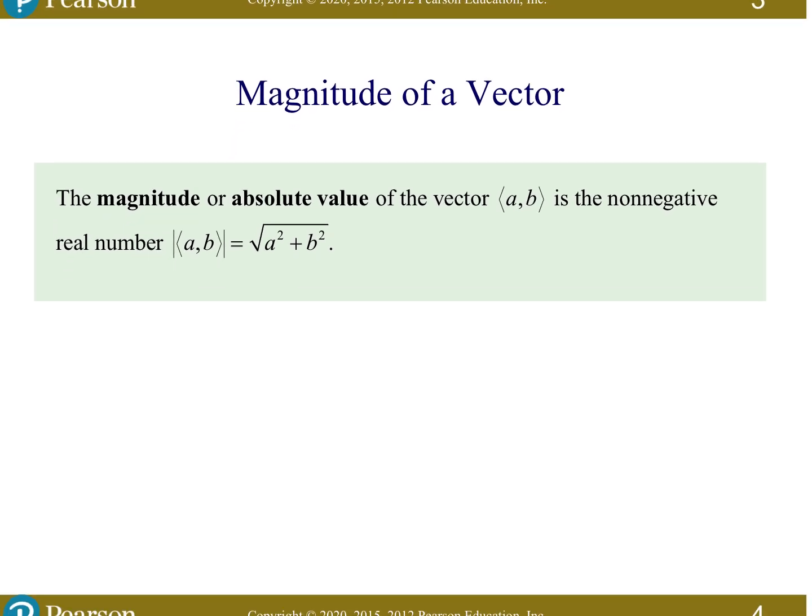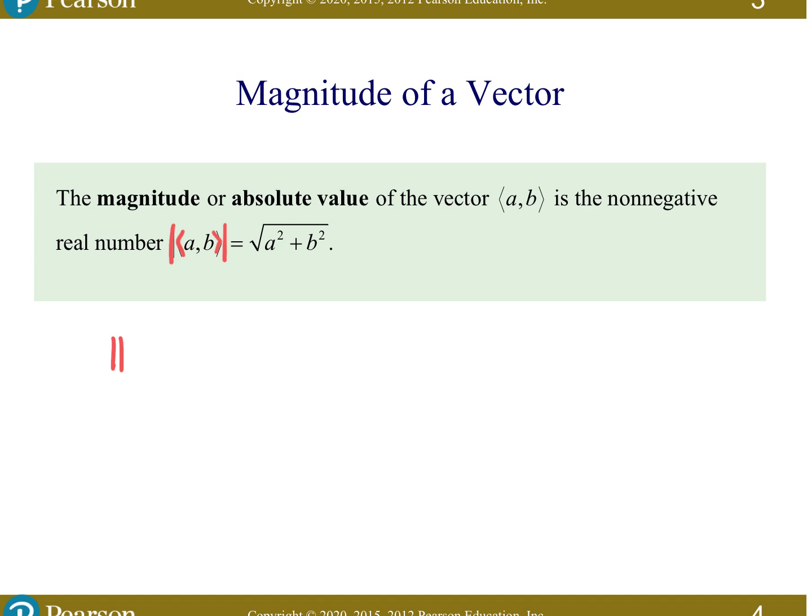The magnitude, or sometimes called absolute value, of a vector is found similar to the Pythagorean theorem, similar to the hypotenuse of a right triangle. Our book uses these single brackets, but that's not the most common. The AP, the College Board, is going to use the double.